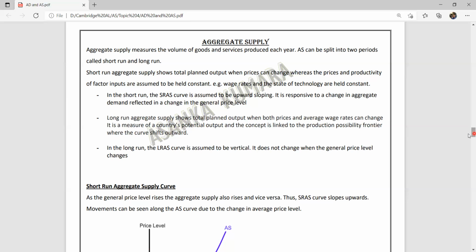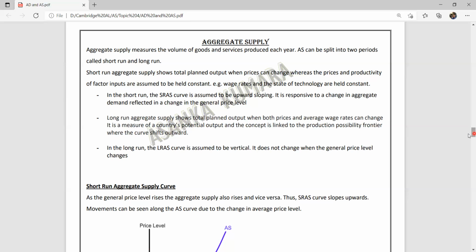Whenever the aggregate demand changes, the average price level can also change. As a result, aggregate supply can respond. That's the meaning. We will learn later what kind of responses there are.